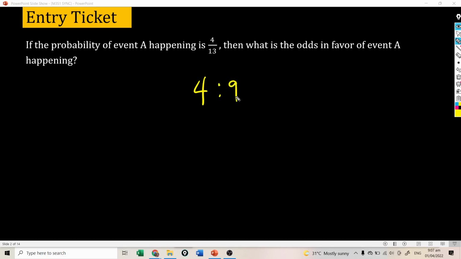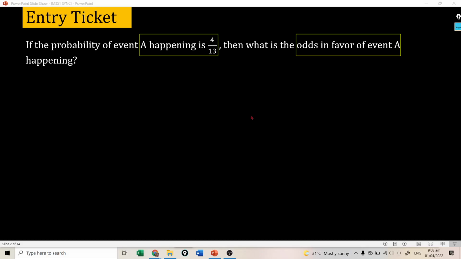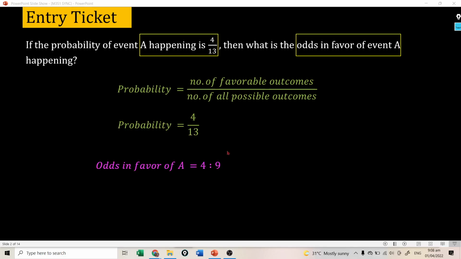Tandaan natin pag in-express natin ng odds, it's the number of favorable outcomes expressed as a ratio to the number of unfavorable outcomes. Okay? So, 4 is to 9.